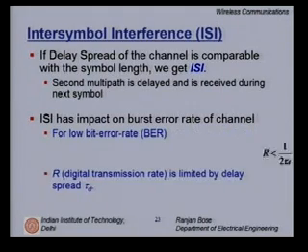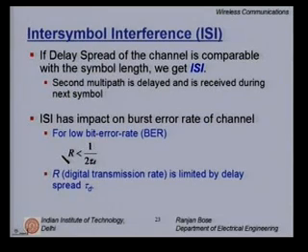For low bit error rate, R should be less than 1 over tau_d, because R, the digital transmission rate, is limited by the delay spread. So, if we have to avoid intersymbol interference, we must either restrict our transmission rate or do something to overcome the effects of ISI.